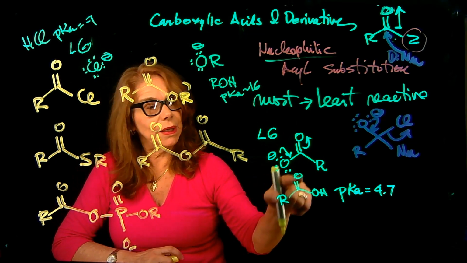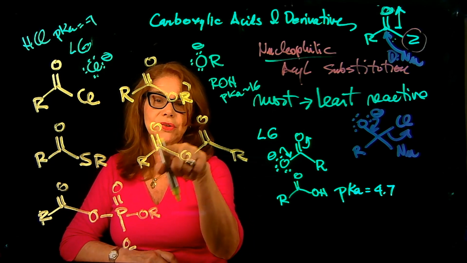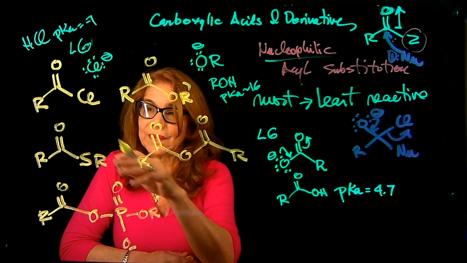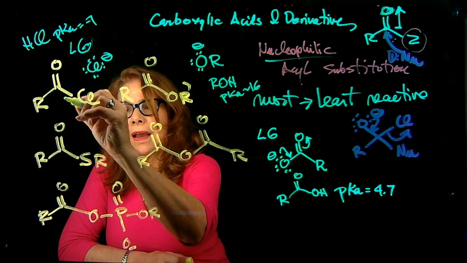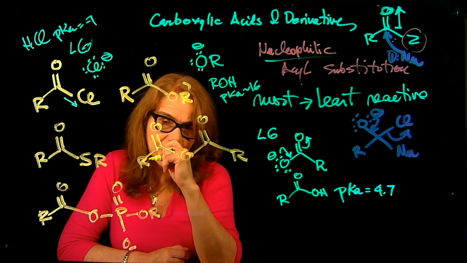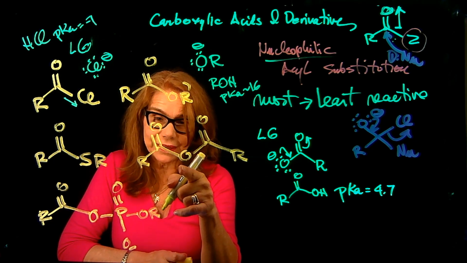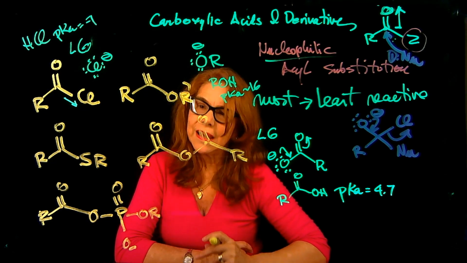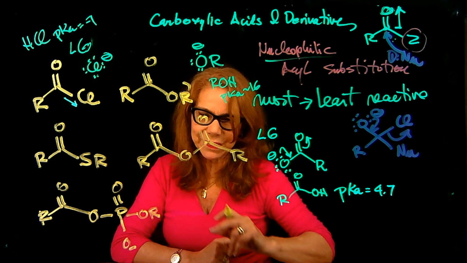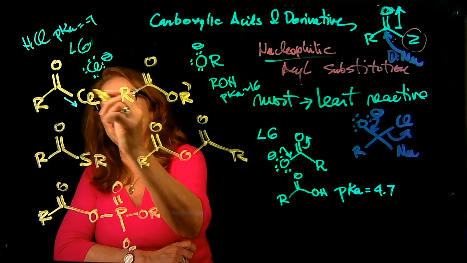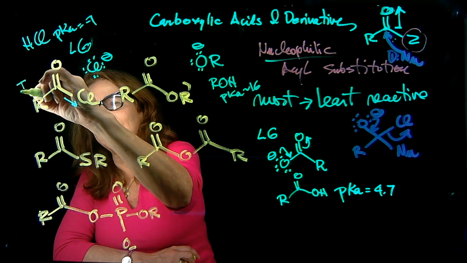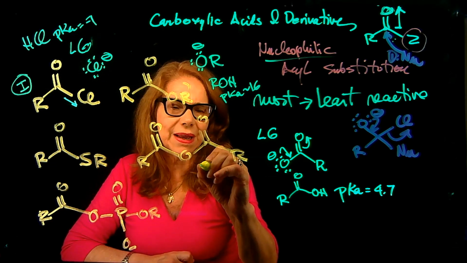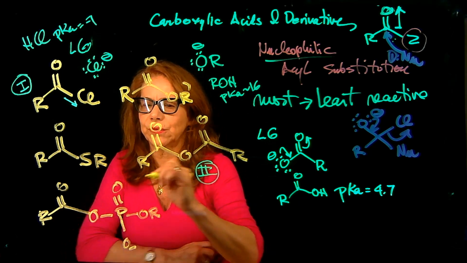With oxygen, it's still more electronegative than carbon, but the resonance effect kind of counteracts that. A good leaving group, but not as great. So I'm going to rank this as number 1, and this as number 2.